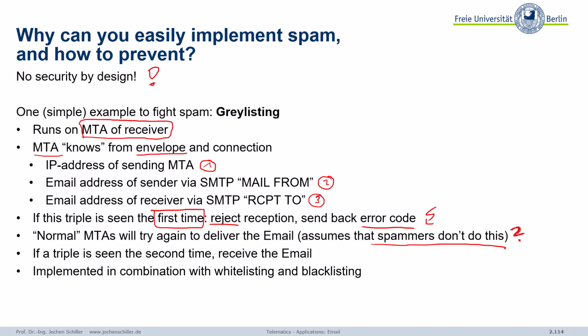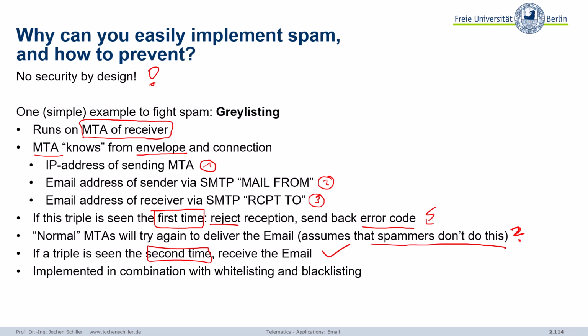This means that the second trial will be okay. If you see it a second time, you receive the email and forward it. Fine. So the idea is that spammers won't do this, but normal emails will be repeated. Remember, I told you it's a store and forward system. So you repeat the email and then it will go through.